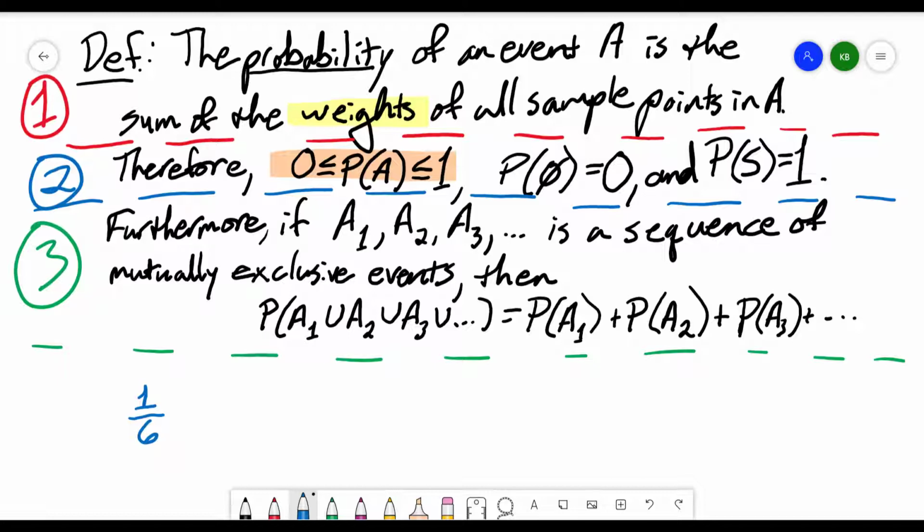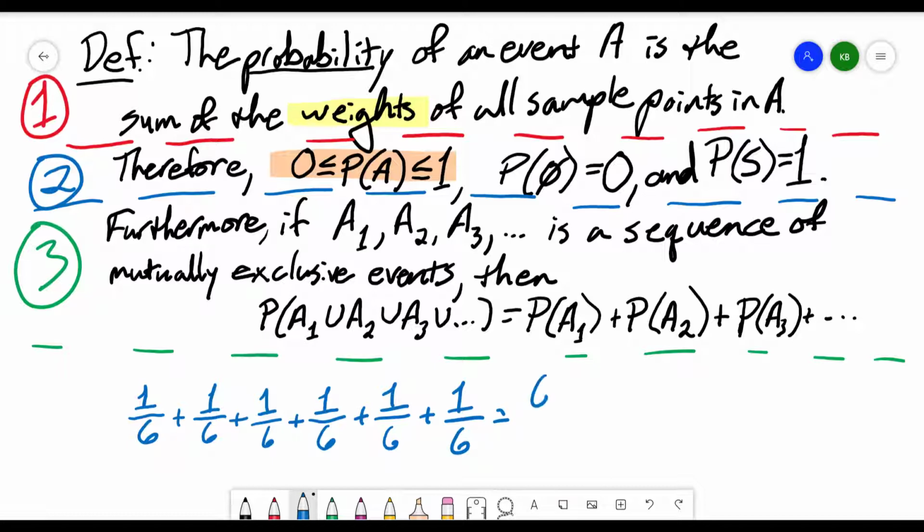If I look at all the possible sample points in my experiment, each one of them has a weight of 1/6. Since the probability of an event is the sum of them, I'm adding up 1/6 6 times. And when you do that, you end up getting 6/6, which equals 1. And this is going to happen for any statistical experiment.